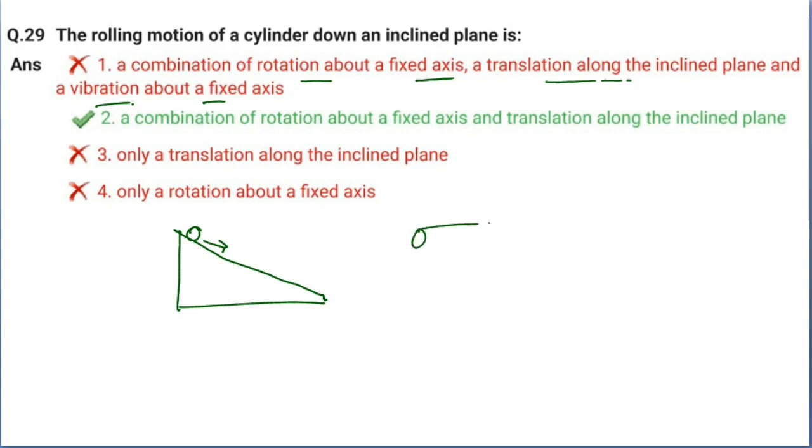Cylinder is like this, so it has an axis, so rotation is there but no vibration, and also translation is there from top to downward. So a combination of rotation about fixed axis and translation along the inclined plane, yes, it is correct. Only translation, no, there is also rotation. Only rotation is not possible because it is going downwards, so translation is also there. So option 2, that is a combination of rotation about a fixed axis and translation along the inclined plane, is correct.